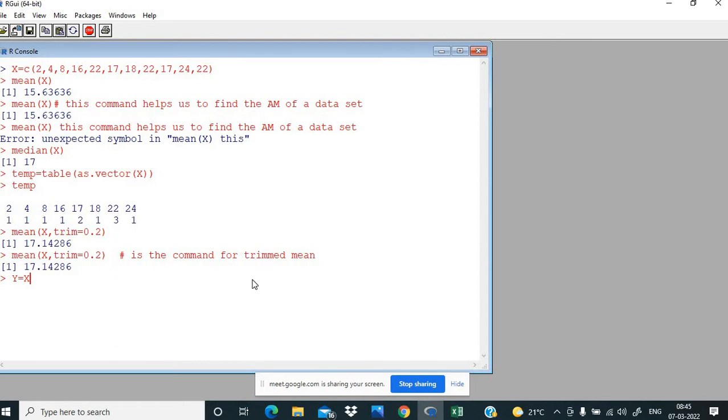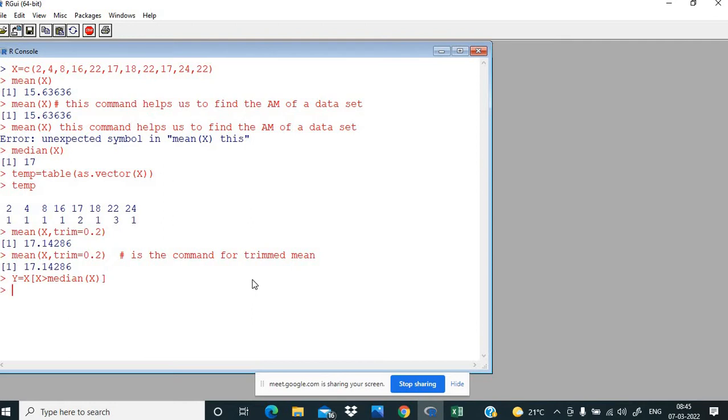So we write x, then a square bracket, then once again x greater than median of x.